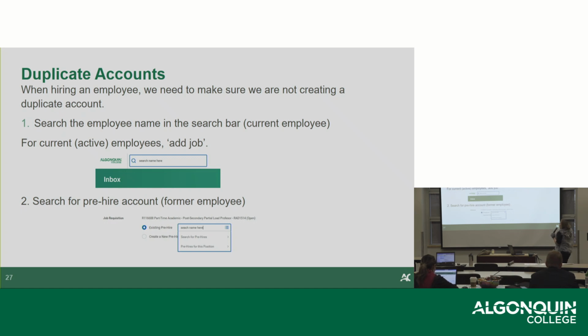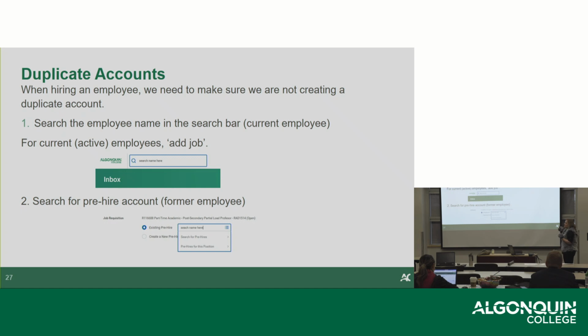But if they're currently an active employee, what you would do is an add job instead of hiring them again. If you don't find them in the search bar and you're hiring them outside of the recruitment process, which is you're not posting, you're just hiring them from the requisition, then you look for the pre-hire in the existing pre-hire search bar.